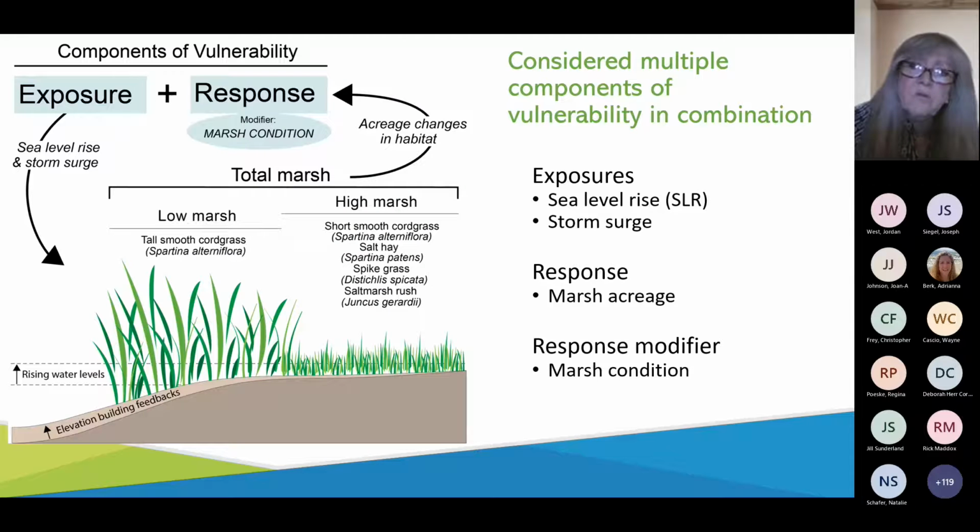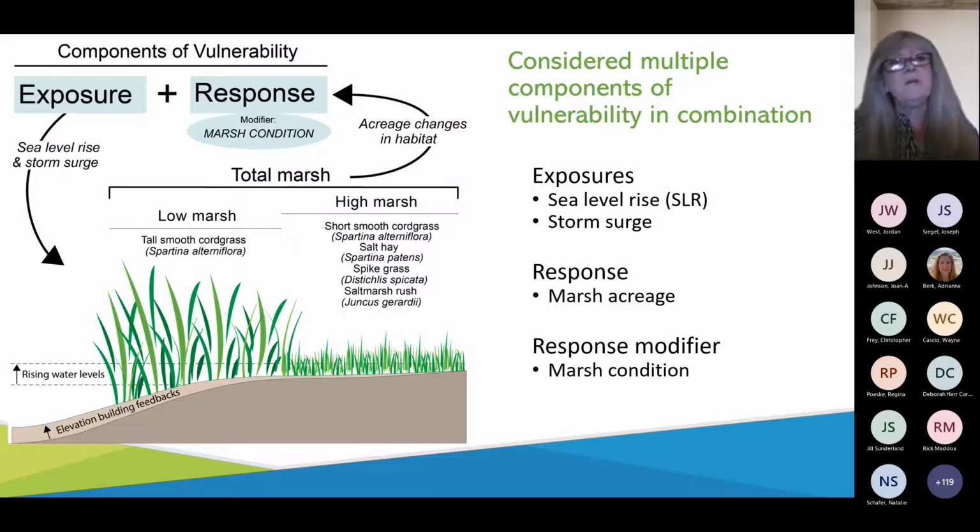So the framework recommends that for real-world management applications, you structure a vulnerability assessment that includes as many of the factors that are important in driving the dynamics in your marsh type, so that what you come out with at the end is assessment results that really show a complete representation of your problems and support the best possible development of adaptation responses to those.